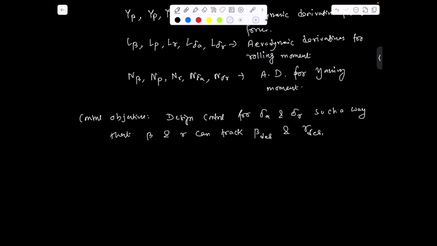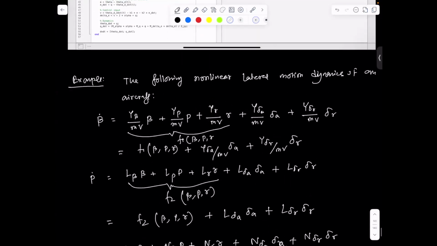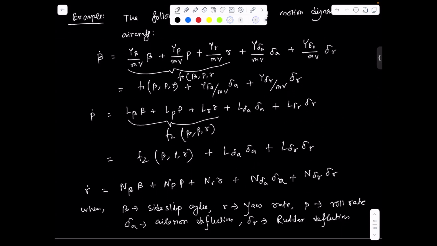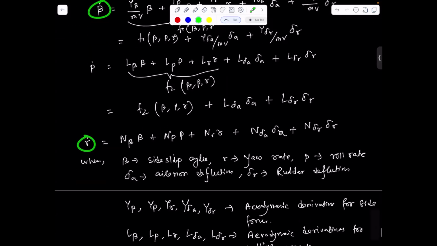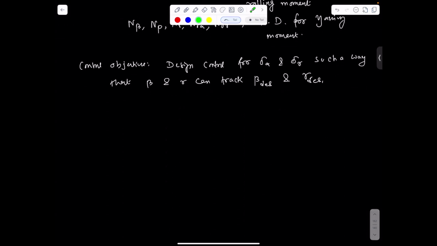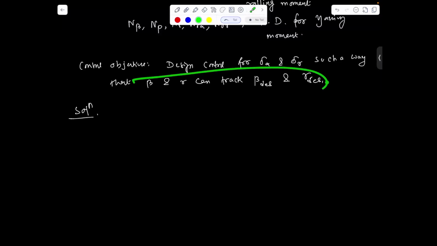So here we are controlling only the beta angle and R, these two equations. So we can take these two equations to design the control. Let's start the problem solution. Let us define the output equation. Since we are going to use input-output feedback linearization-based control, and this is our objective, we can find the output equation.